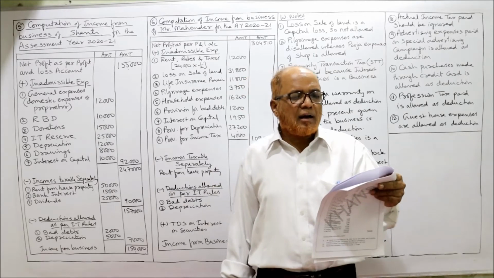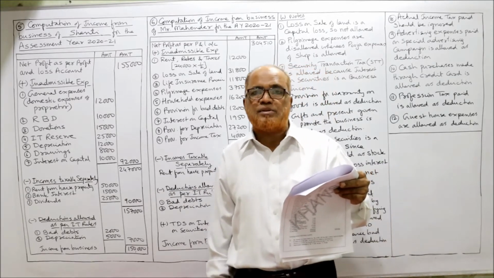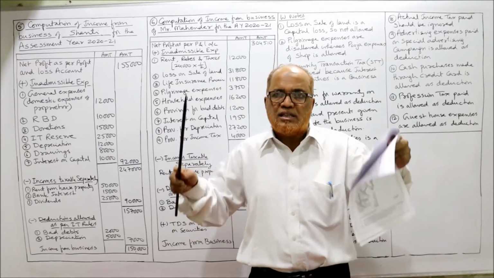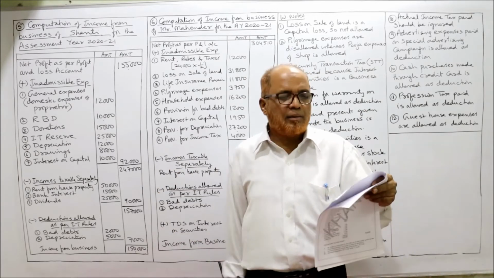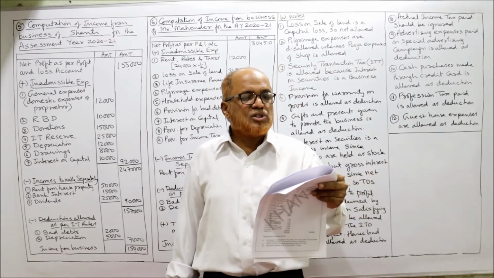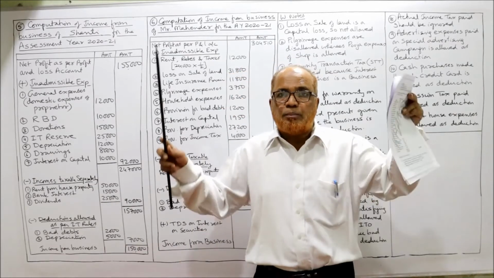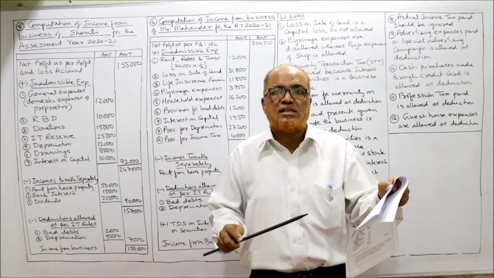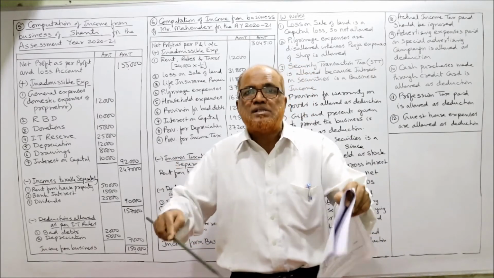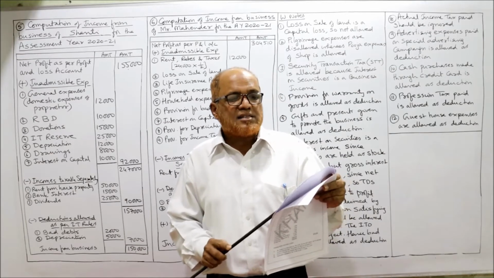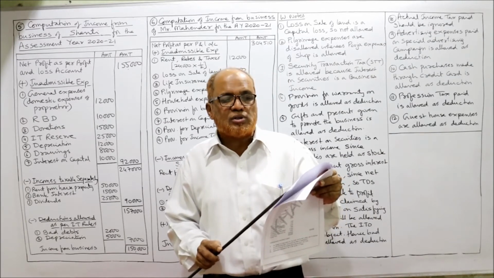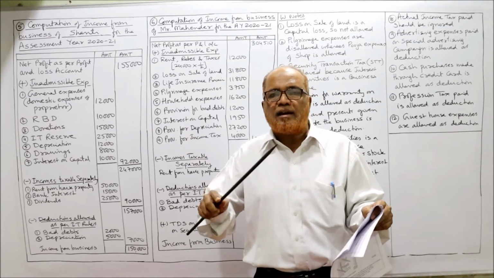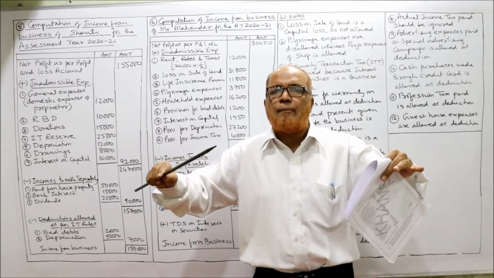Mr. Mahendra carries on his business from rented premises. Some premises they have taken on rent. In these rented premises, they are running the business. Half of which is used as his residence. Of the premises which is rented, half is used for residence, and in the remaining half the business is run. Rent, rates and taxes include 24,000 paid as rent of the premises during the year. Actually, rent, rates and taxes, all these three are combined.